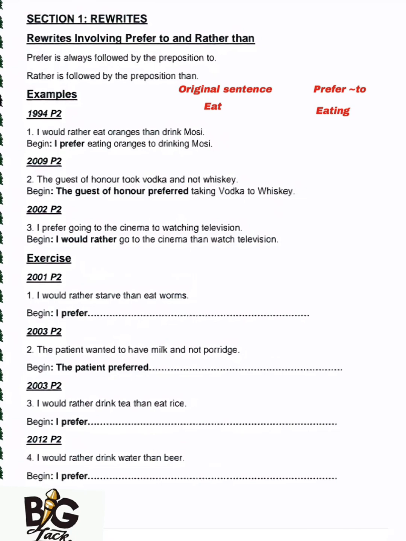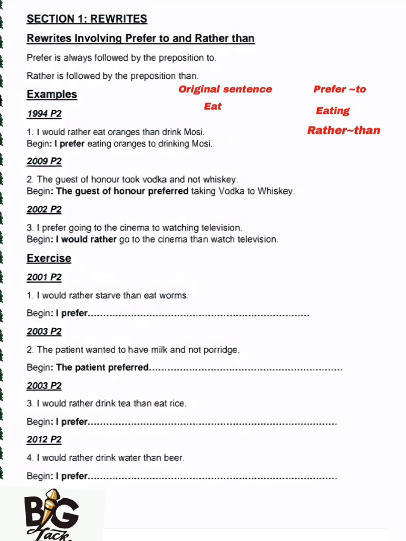Now, let's move on to the next one, which is rather. As for rather, you know that rather is always followed by the preposition, which is what? Than. So when rewriting using rather, an examiner needs to see than in your sentence. If you omit than, your sentence is going to be what? Wrong.